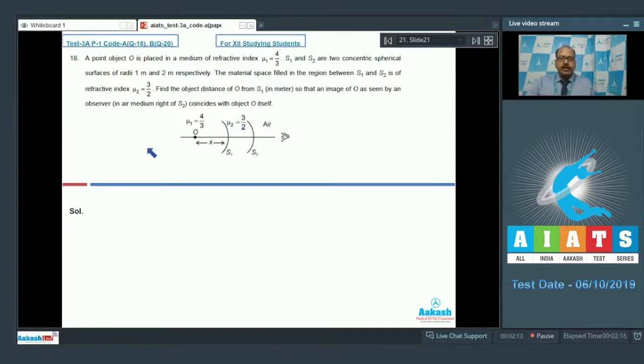Well, the question requires repeated application of refraction at a spherical surface.